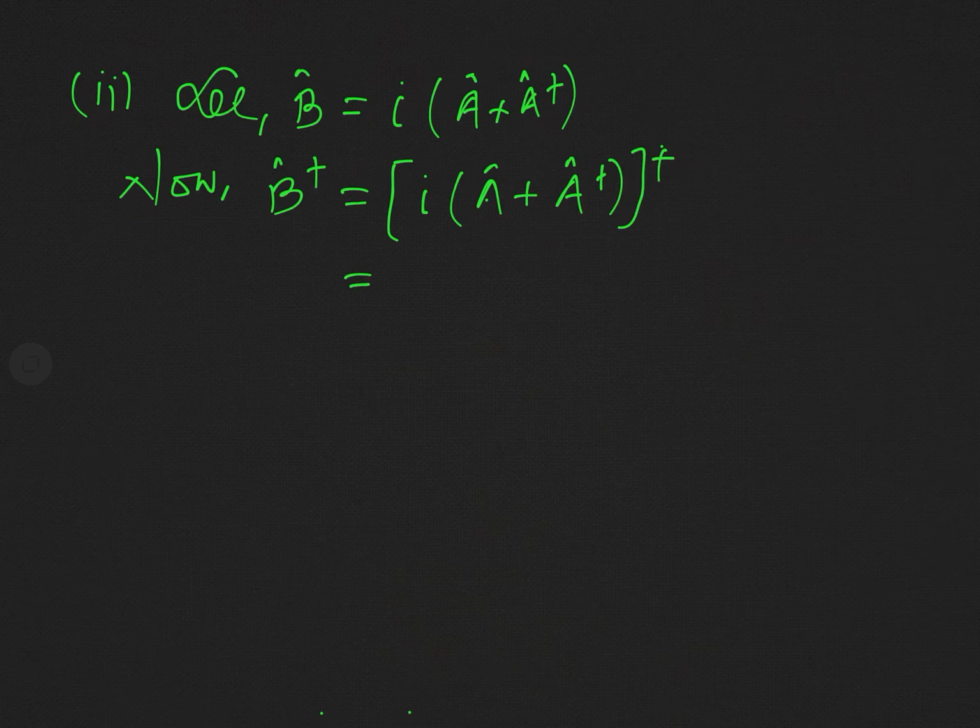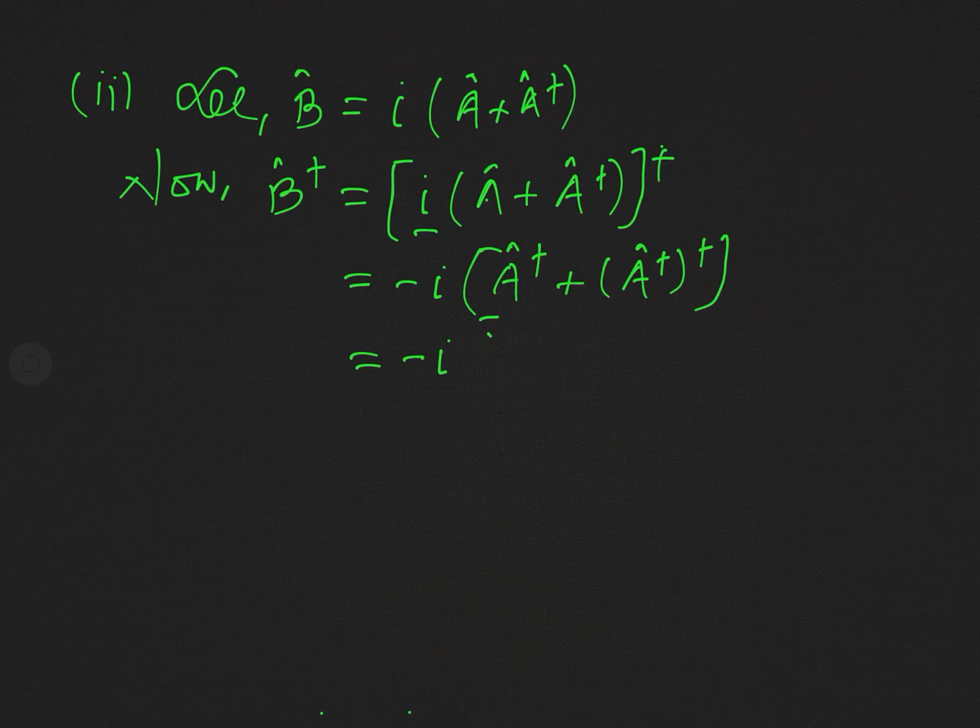Now follow the rules. We have to take its complex conjugate, that will be minus i, and here this will be A hat dagger plus A hat dagger dagger. And what will this be?